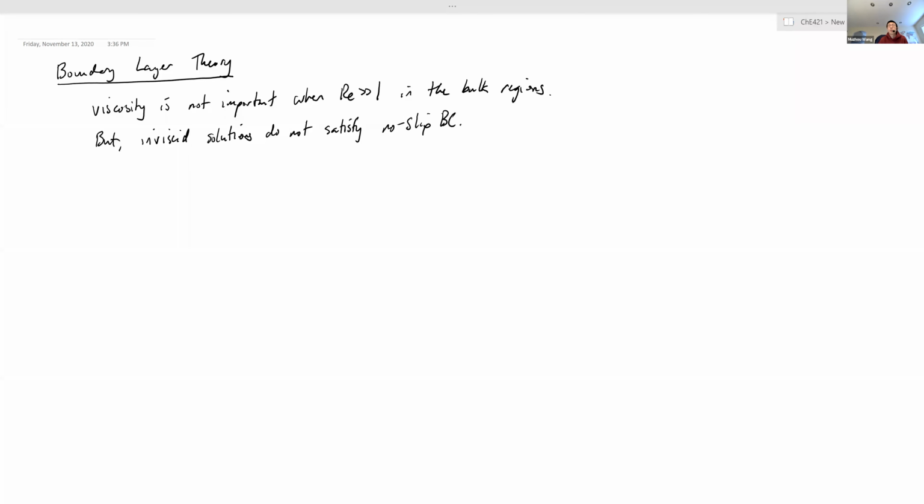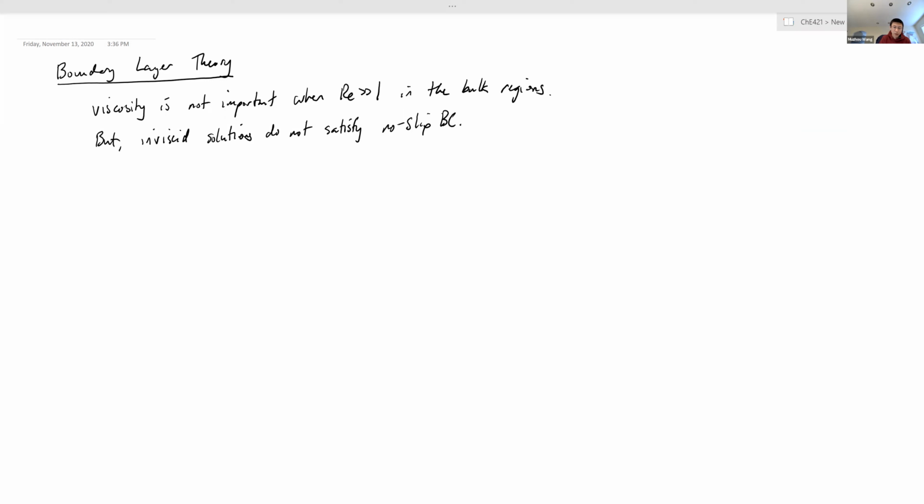We saw this when we were talking about D'Alembert's paradox, and drag in the flow past cylinder case, and we showed that if we only look at the inviscid solution, then there's essentially zero drag on a cylinder, which is unphysical, right? And the reason is because this is only half of the singular perturbation analysis.